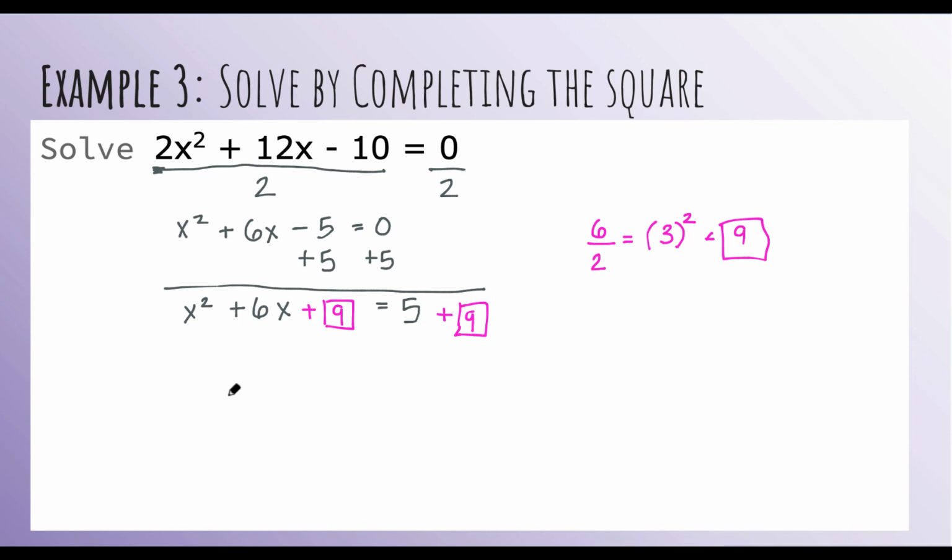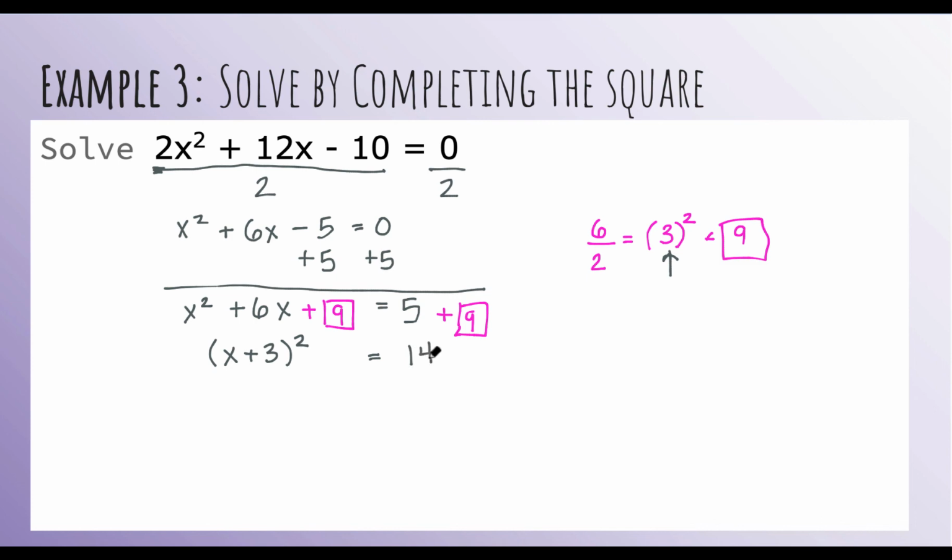All right, now we have a perfect square trinomial on the left that can be factored, and it factors to x plus 3. I looked up here at my parentheses to figure out what went inside, and I'm squaring it, and this is equal to 5 plus 9, which is 14.